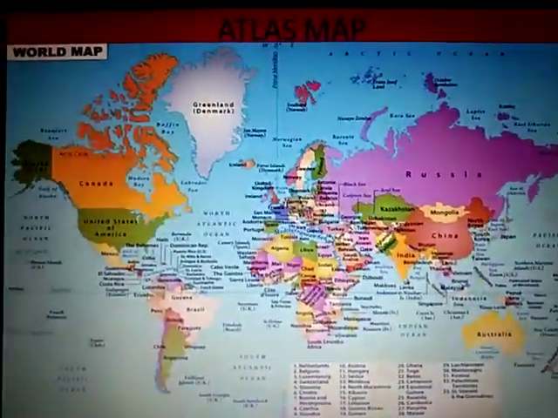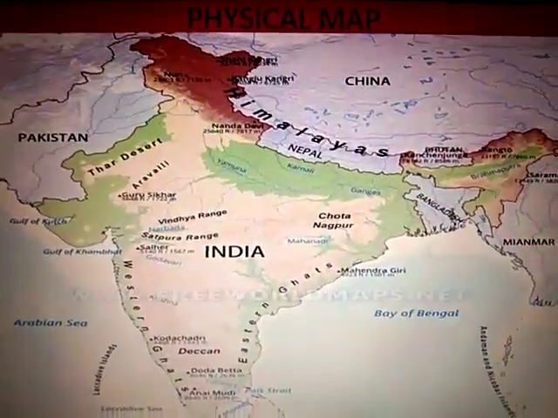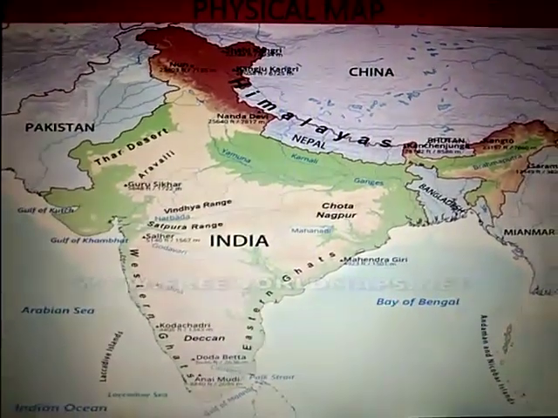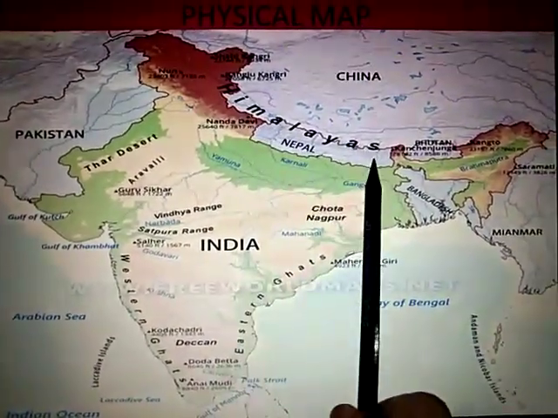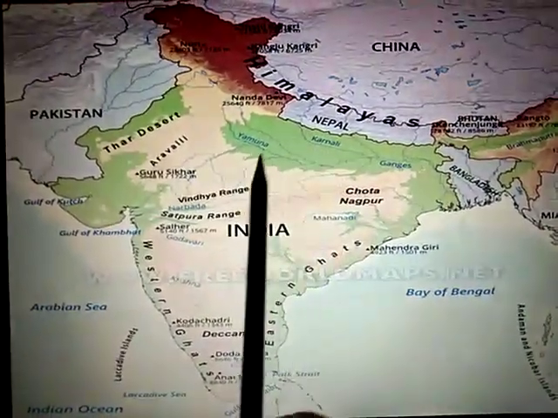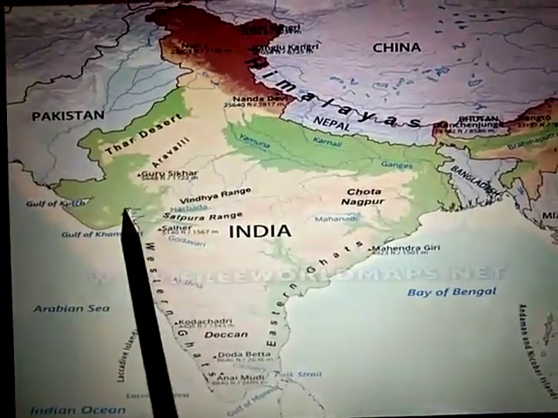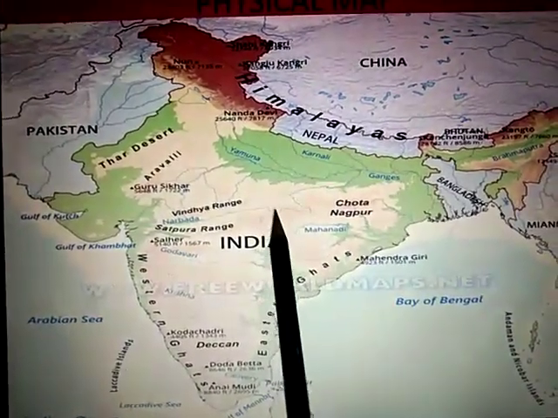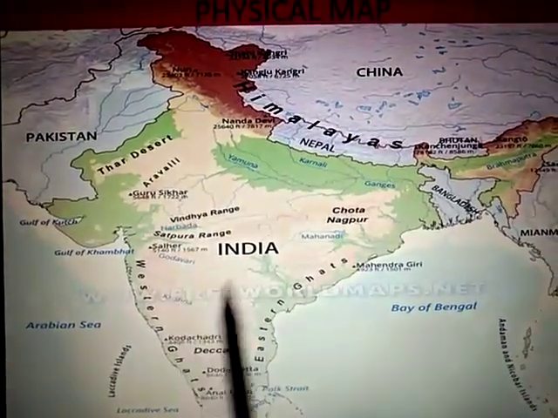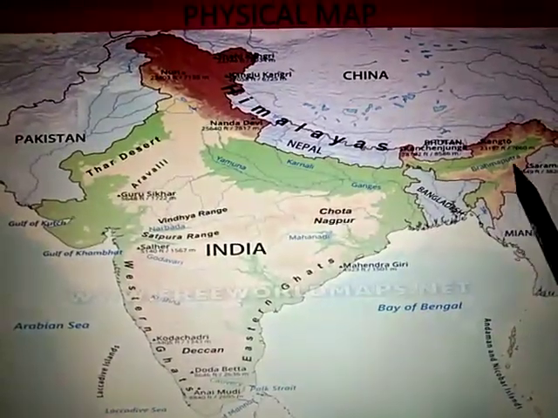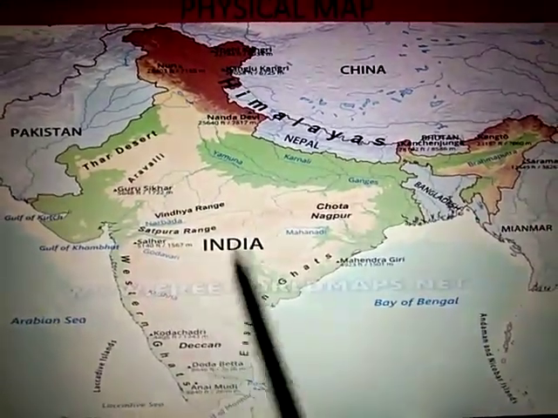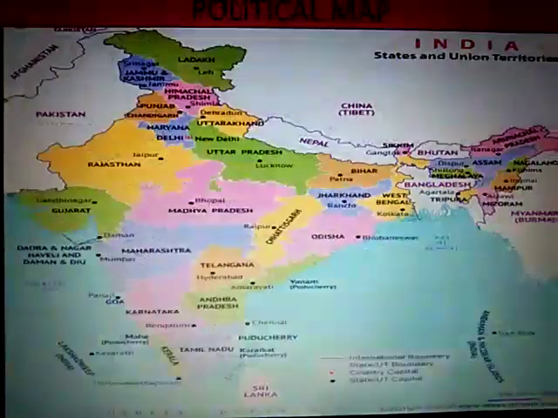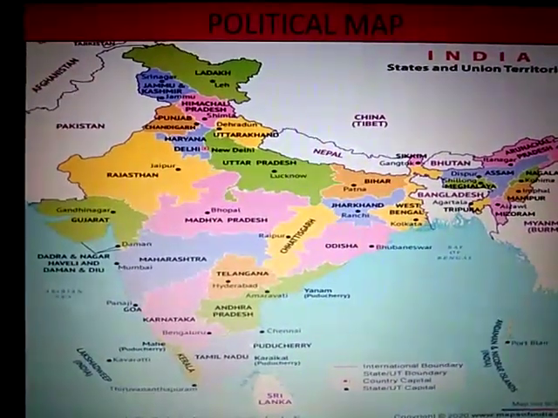The atlas. Moving on, next, the physical map showing you all the kinds of physical features, the mountains, the Himalayas, the rivers, the green part showing you vegetation, and the yellow part. You can see very clearly the physical map of India. Next is the political map.